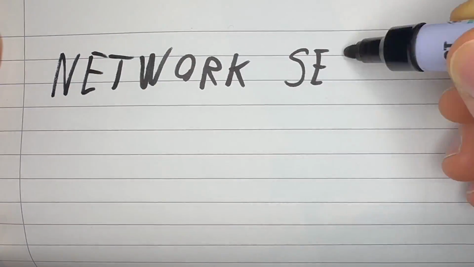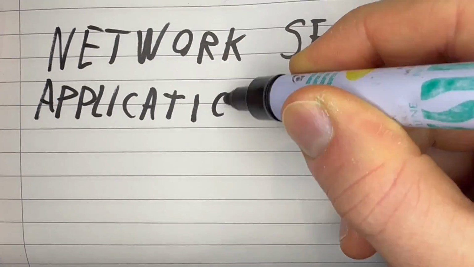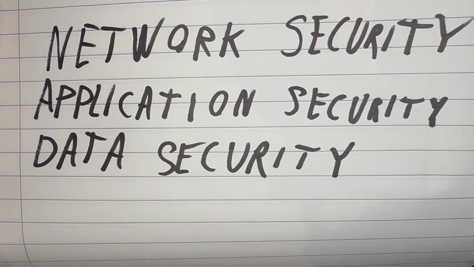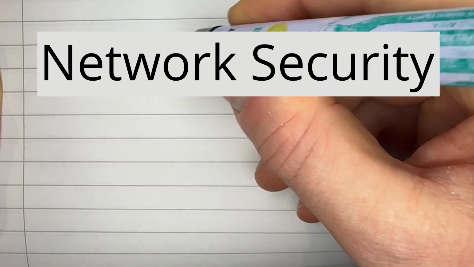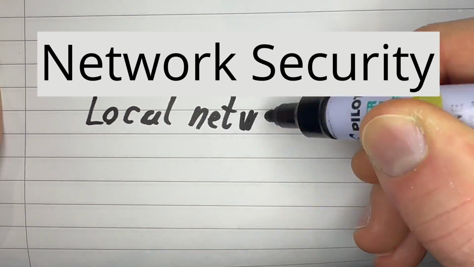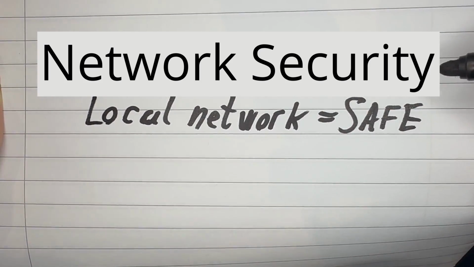In the end, I have a few words about cybersecurity, and I have split this into network security, application security, and data security. We are not facing any big risks inside the network security category because we are using a Raspberry Pi inside a local network and we have not opened any ports to the outside world in our router.